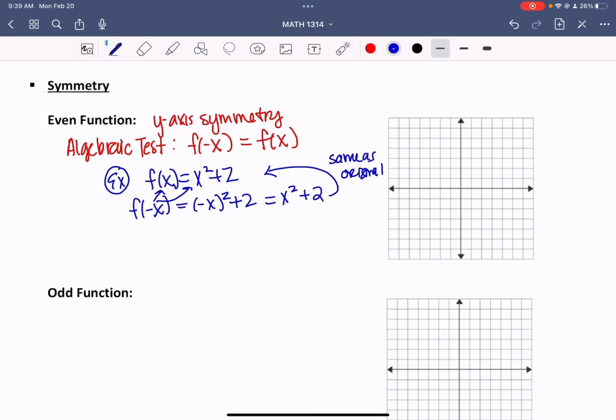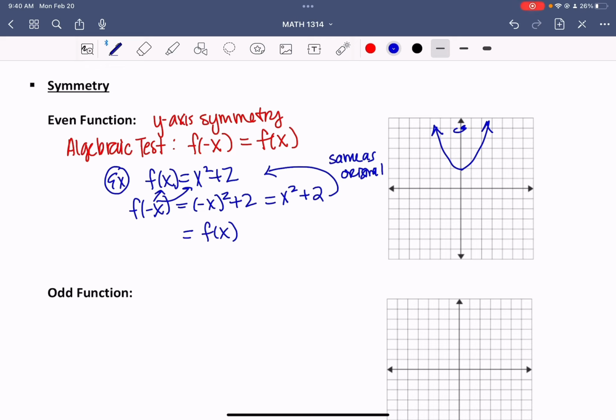And so because it's equal to our original f of x, this has y-axis symmetry. Notice if I graph that, that's a vertical shift of up 2. So I get this situation. You can see just looking at that y-axis that it's symmetrical on both sides. I could fold it at the y-axis and it would still give me the same function on both sides.